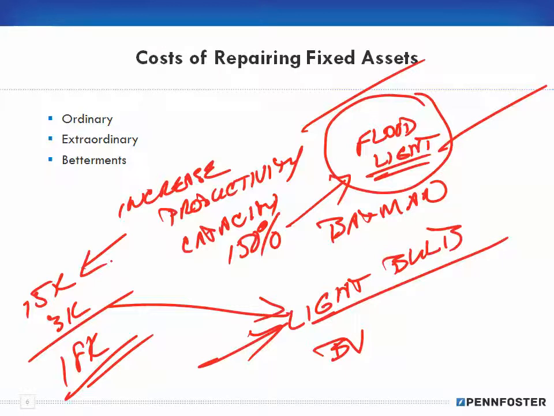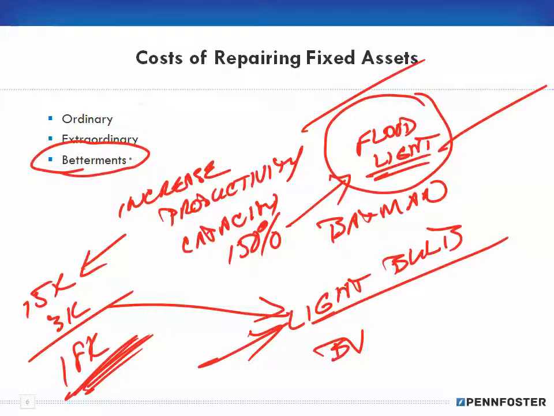You can buy it today and tonight be shining it up in the sky. But if you decide to have a betterment by putting in that new light bulb, which was not part of the original, that betterment of $3,000 does become part of the book value and ends up being $18,000.